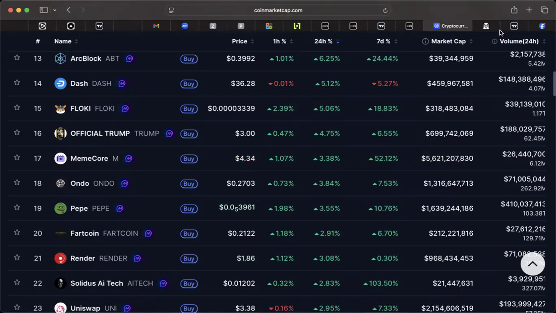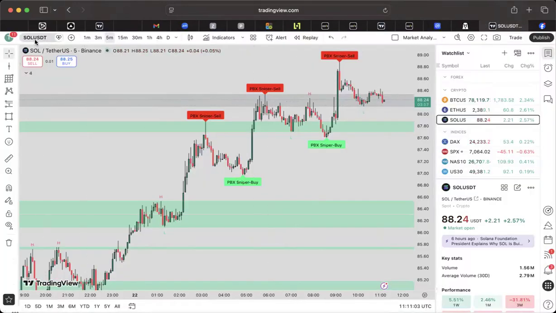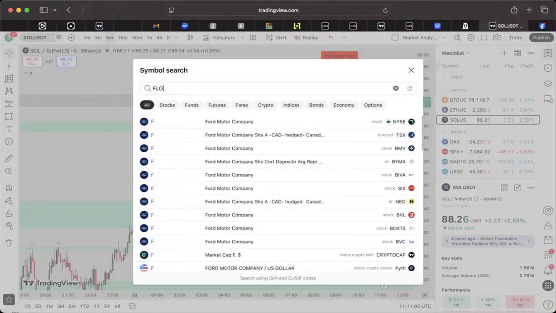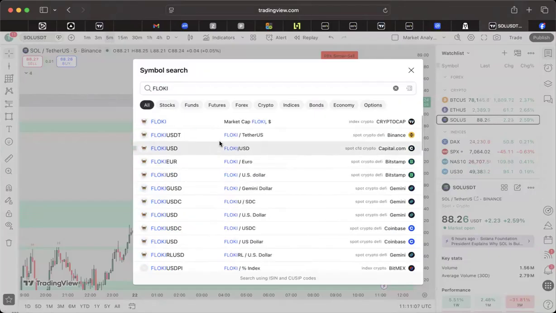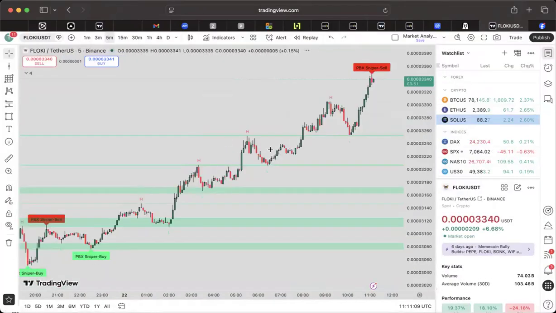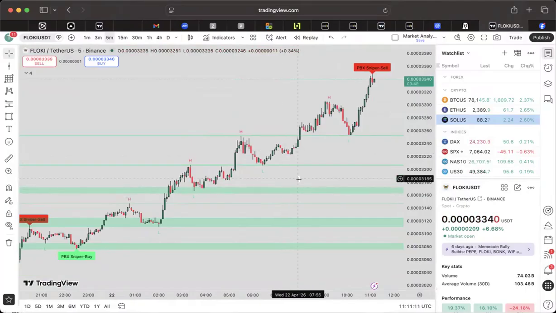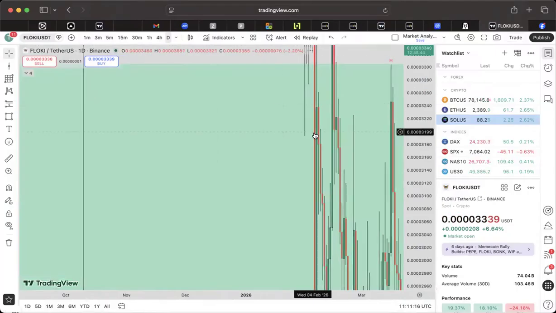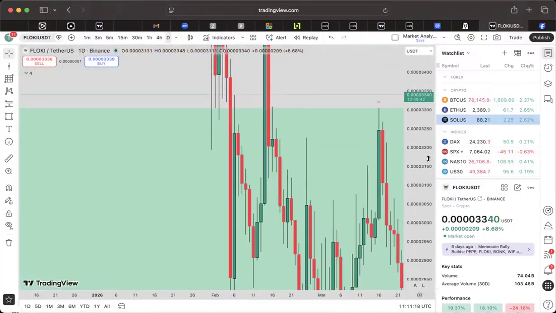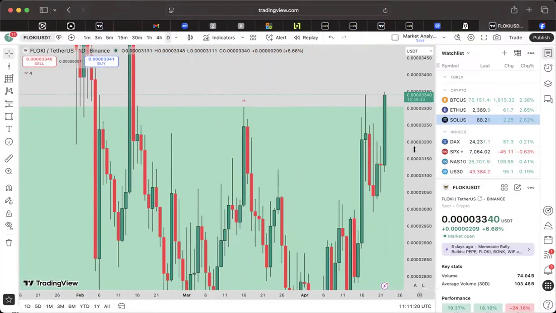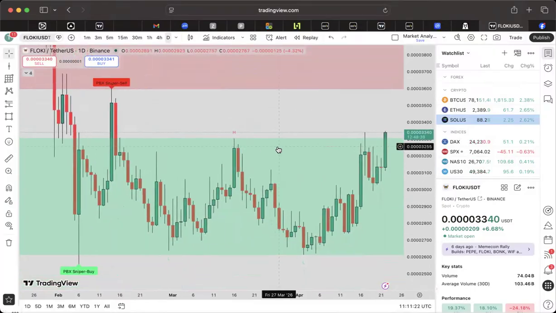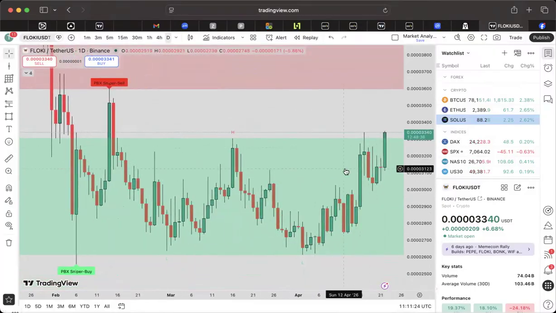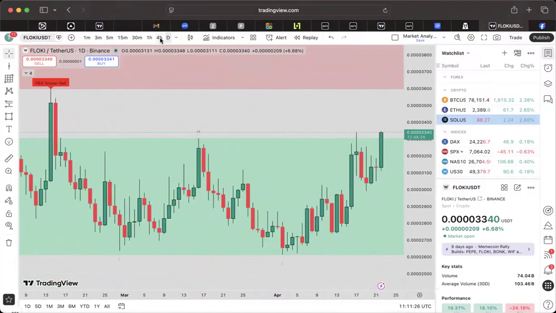Look at Floki. So don't buy into a market without checking a higher time frame. It's risky. So look at Floki. So virtually all the coins pump. Can you see that? So this was indecision. Go on 4 hours.